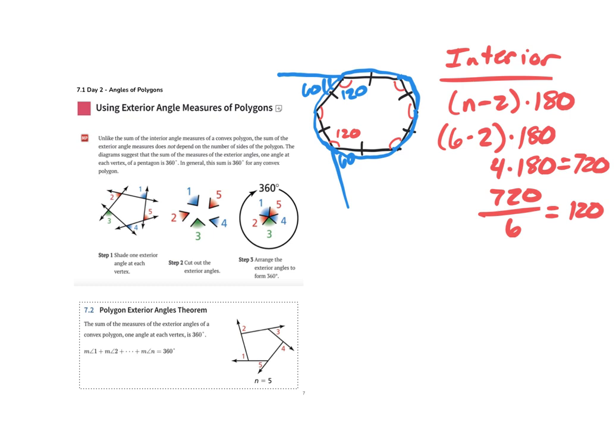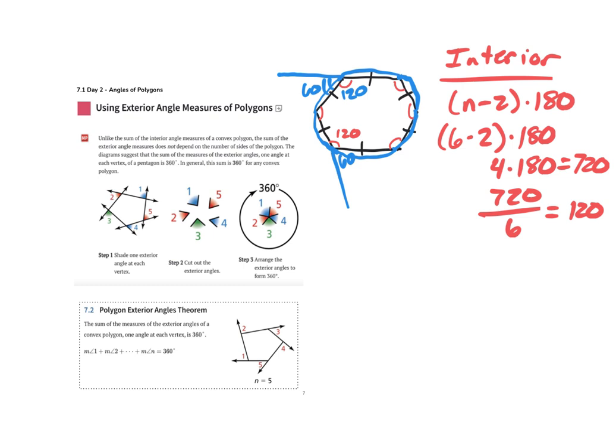What's this going around the outside of the figure? It's a circle, right? How many degrees do we have in a circle? How much? 360, okay? So how many degrees are there going to be on the outside of a figure?